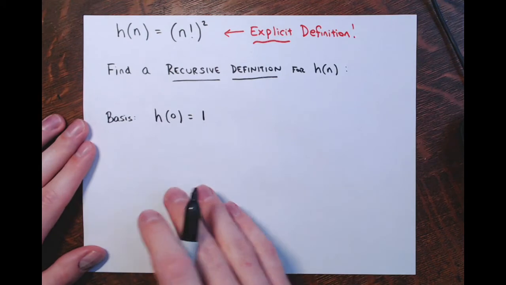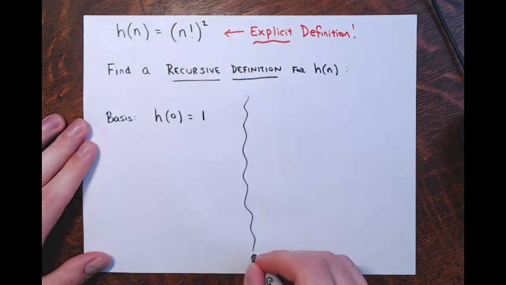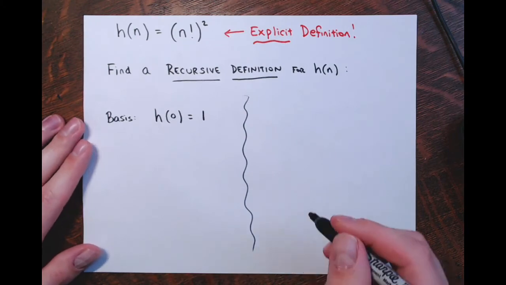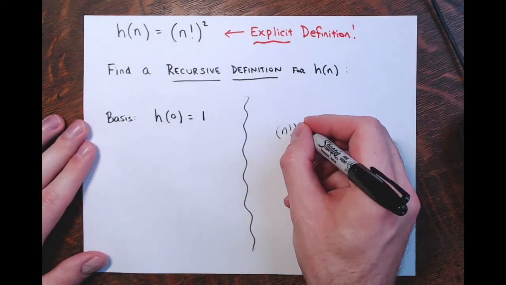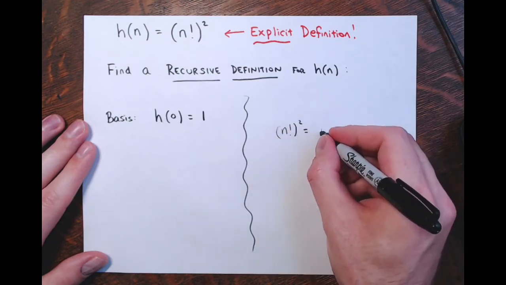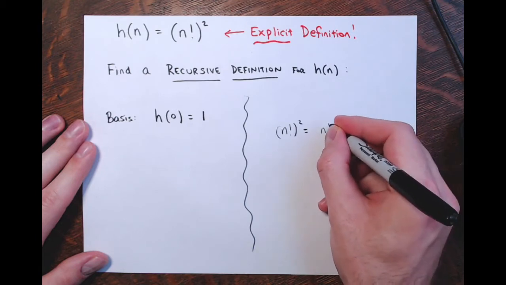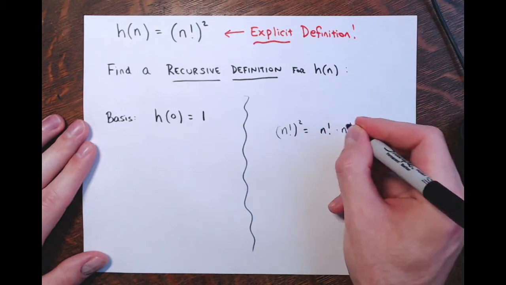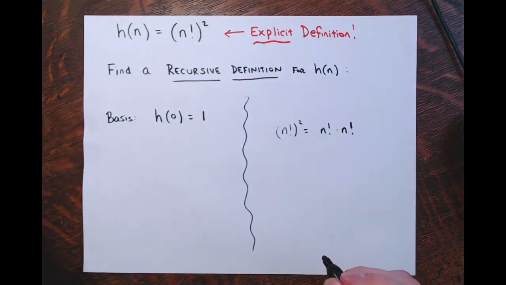Now I might need more, but let's take a look at some scratch work off to the side here. All right. N factorial squared, right? What does that mean? Well, that means n factorial times n factorial, right? It means to take whatever the value of n factorial is and multiply it by n factorial again.